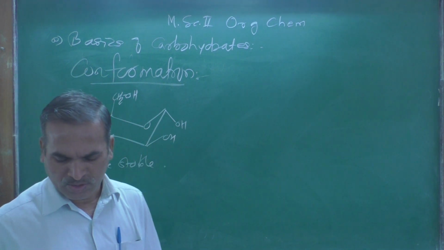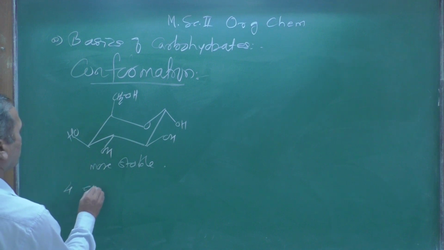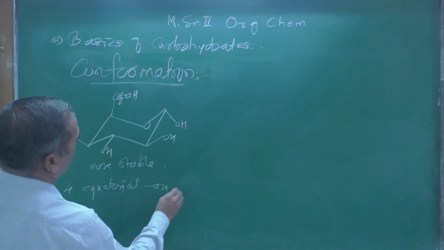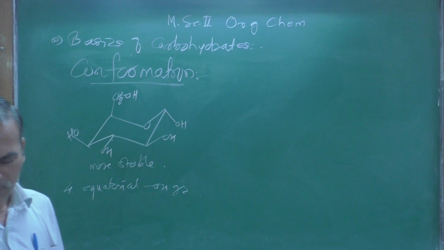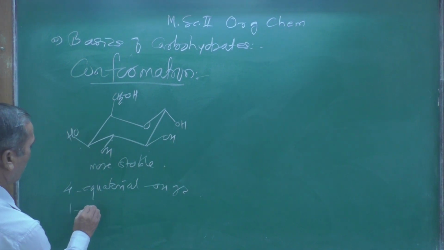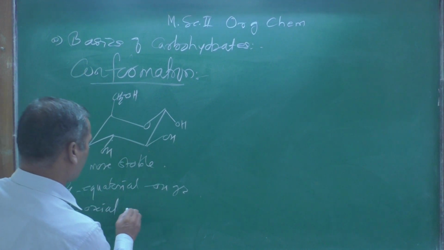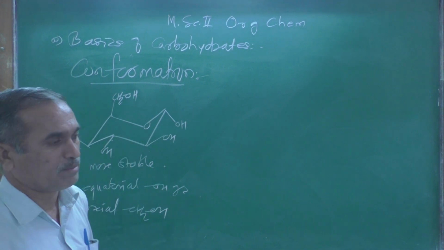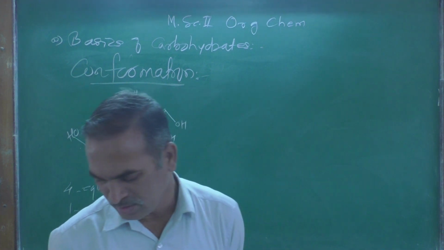Why is this so? Here 4 equatorial OH groups. Look here, 1, 2, 3 and 4. They are present at equatorial positions. Only one axial CH2OH group, and therefore this conformation is more stable than the other one.